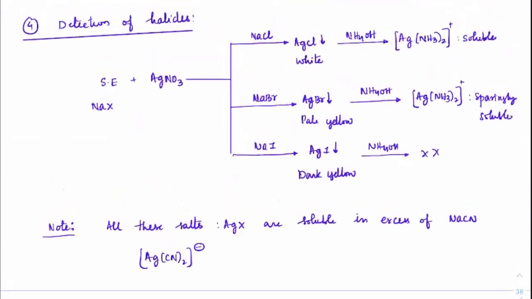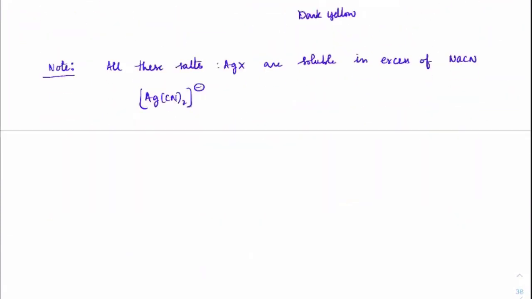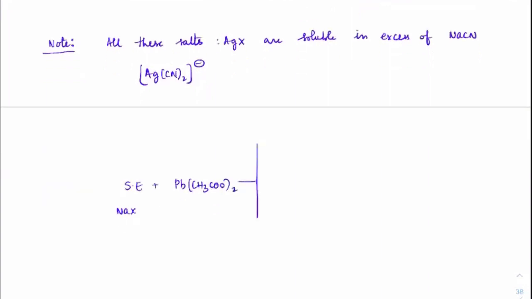The other confirmation which we can make: just like how I have added silver salt, I can do the same thing with lead also. So the sodium extract, which may contain any halide form, if I treat that with lead acetate, (CH3COO)2Pb, you will see the same reaction, some precipitates forming here.